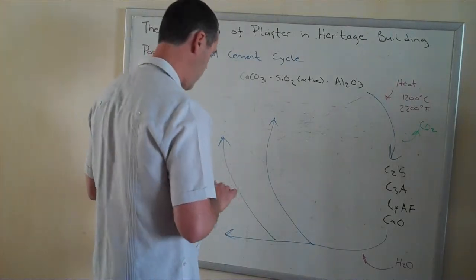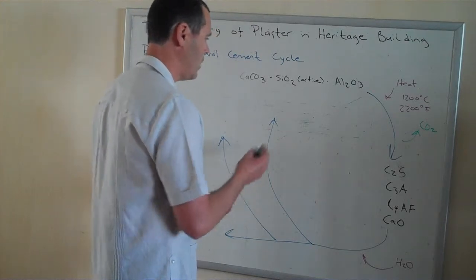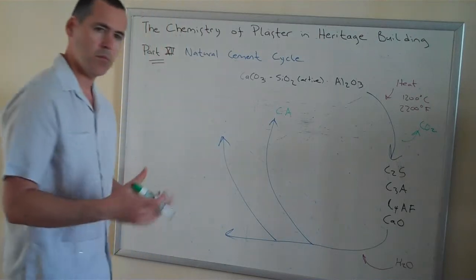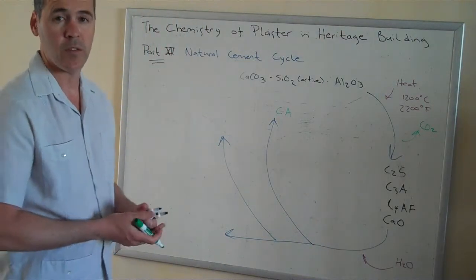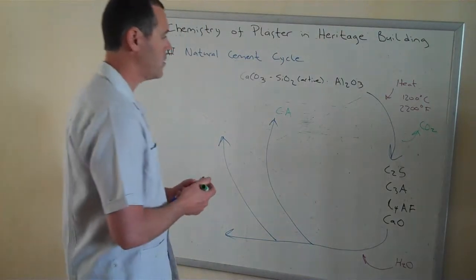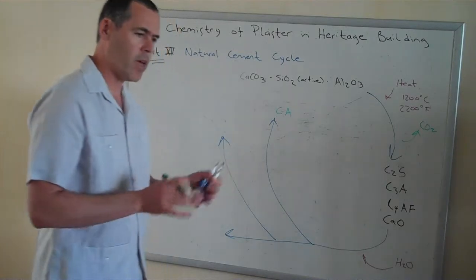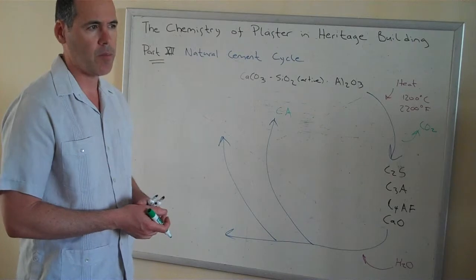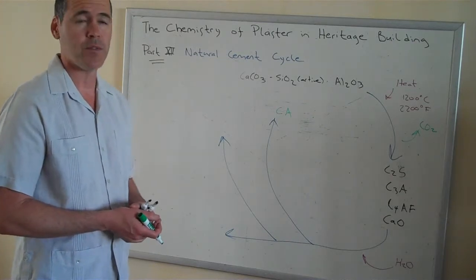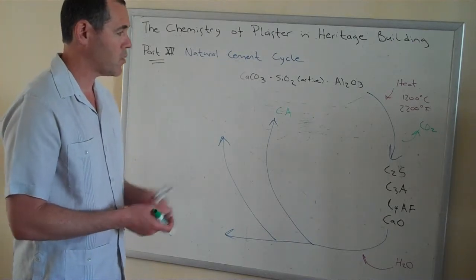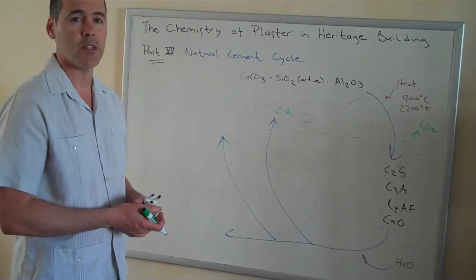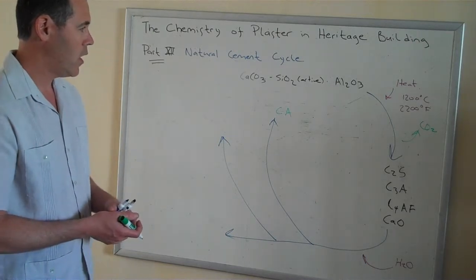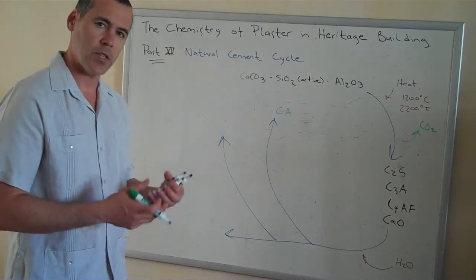And that's going to create these hydrous calcium aluminates. And that's where we get our really rapid set from. Those compounds can set anywhere from 5 to 15 minutes. A lot of times we have to even retard the natural cement to be able to use them depending on the application. But that's just an initial hardness, an initial take.